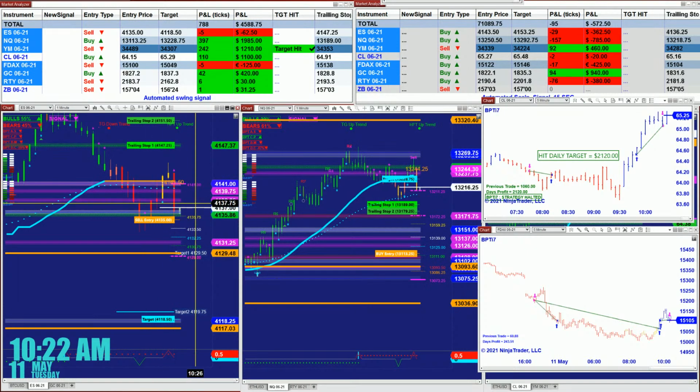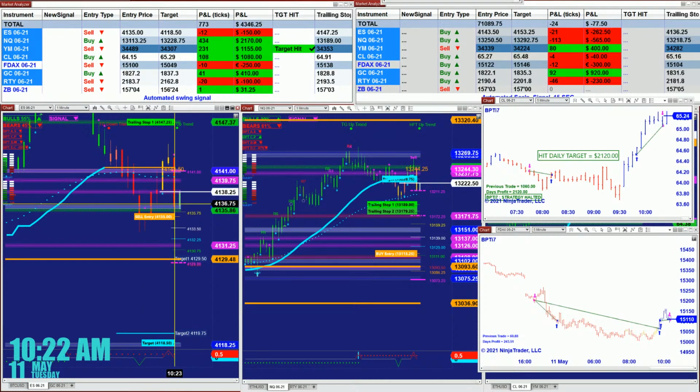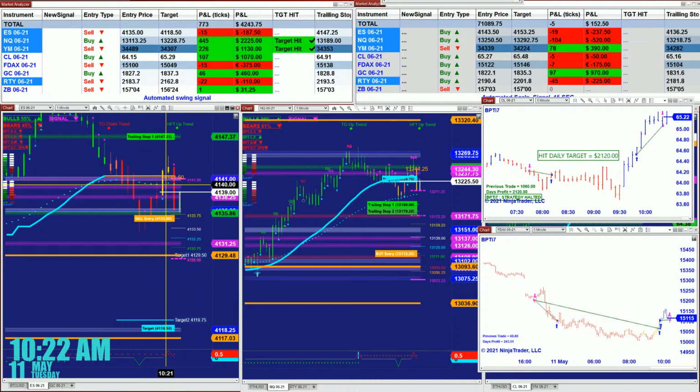Whether you are a manual trader or an auto trader or a banana trader, whatever you want to call yourself, this is not the area you can trade. And if you cannot spot it, this one here is not a tradable area. No matter what you do, no matter what you say, no matter how much you get mad, it's not going to help you. You're just going to dive into it and you're going to get in trouble. And that's as simple as that.